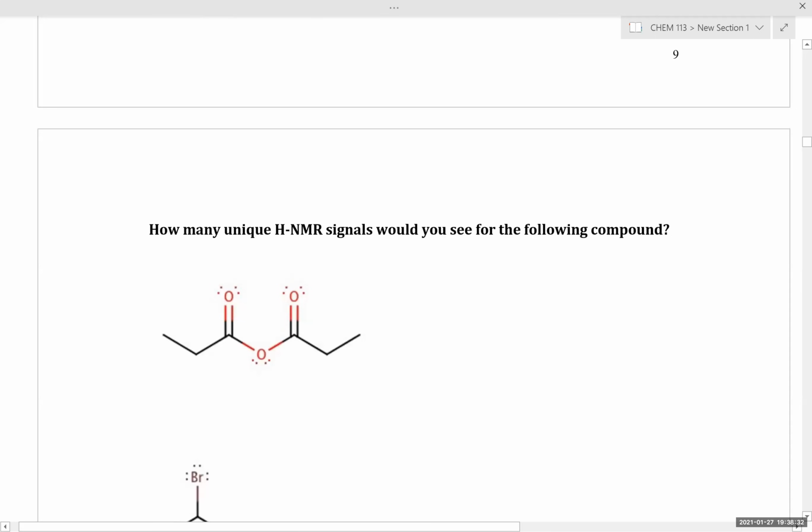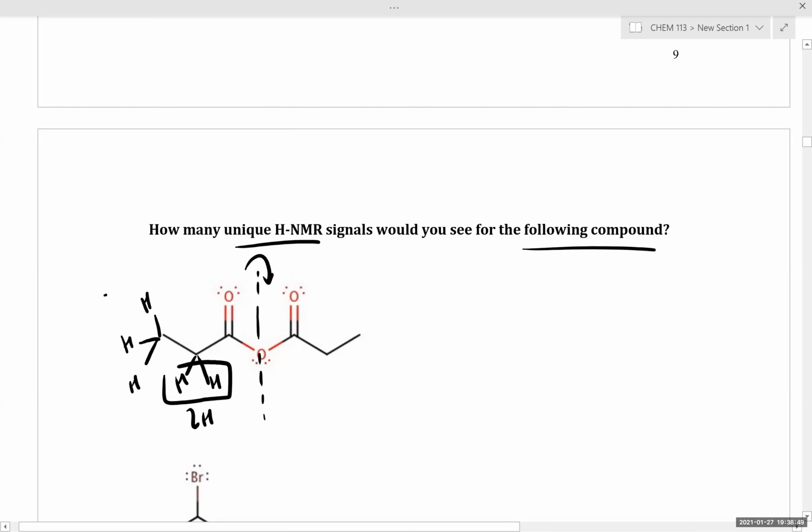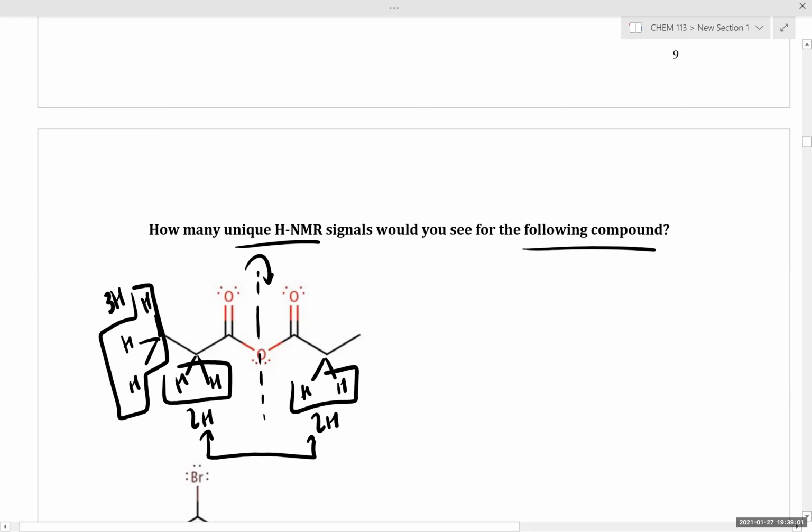Okay, so let's try to apply what we've learned to this example and ask how many unique proton NMR signals would you see for the following compound? Well, this compound is symmetrical via rotation. I have a set of 2 hydrogens that are in the same chemical environment, 3 hydrogens that are in the same chemical environment, and I notice that by rotation, this pair of 2 hydrogens is identical to the pair of 2 hydrogens on the right-hand side of my molecule.